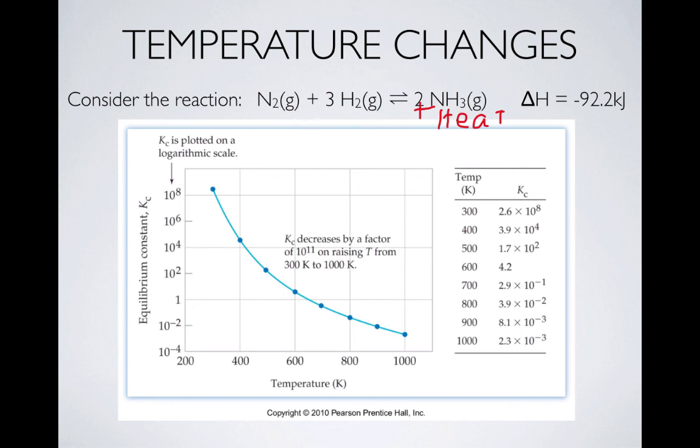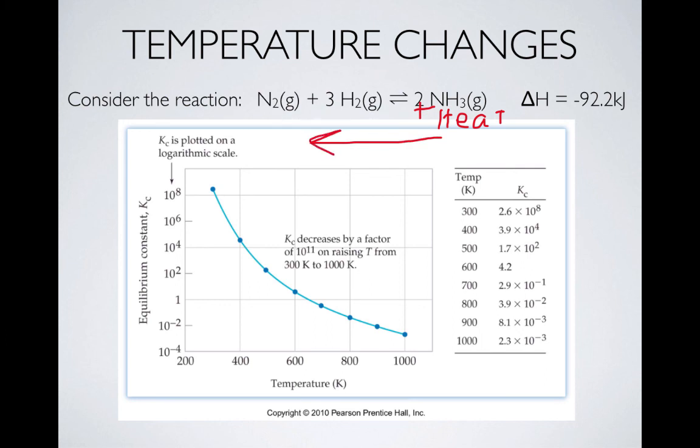And now we can look at the value of the equilibrium constant as it changes with temperature in this graph. We see that as the temperature is increased, the equilibrium constant decreases. This is because as we increase the temperature, we're adding heat, and as we're adding heat, we're causing that reaction to shift in that direction.